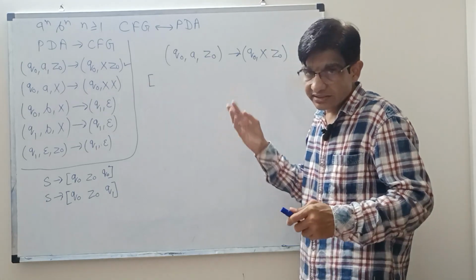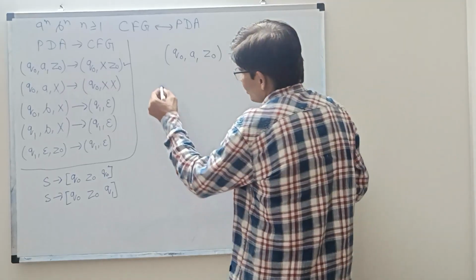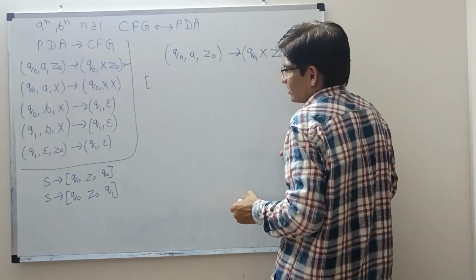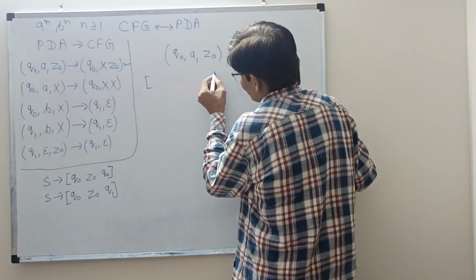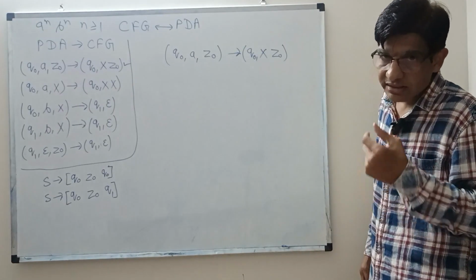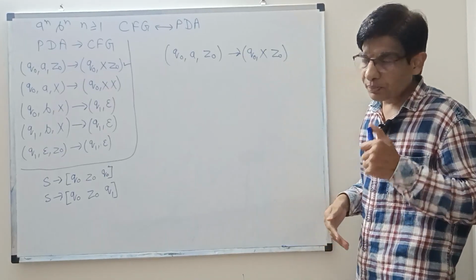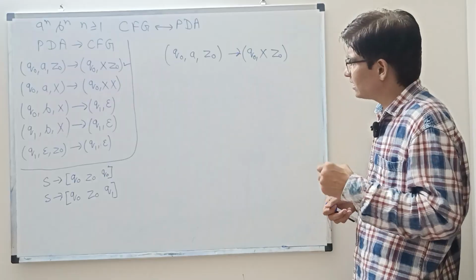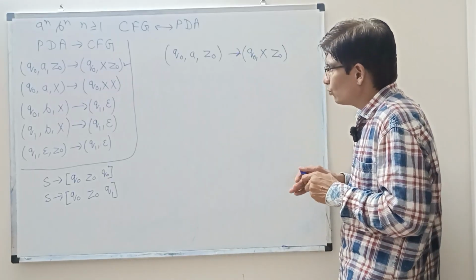So now we will see how we can create the productions. As I told you, you will have four different productions corresponding to this transition rule. How these production rules will be created, that I will tell you. When you are converting any transition rule into productions, you will have all productions in GNF, with a terminal followed by variables.